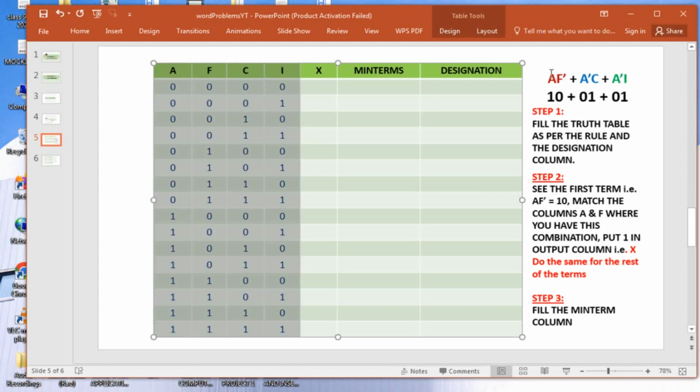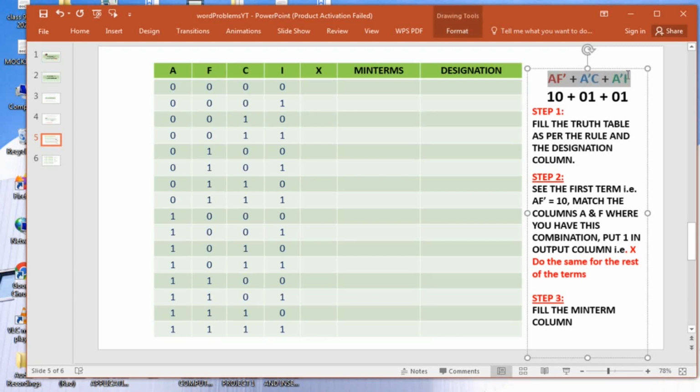Now you have to see the expression that we have made. First of all, take the first term, that is A F naught. If it is a normal variable, A is normal, not complemented, so this will be written as 1, and where you have F naught, it would be 0.